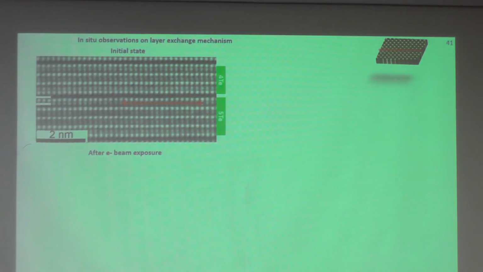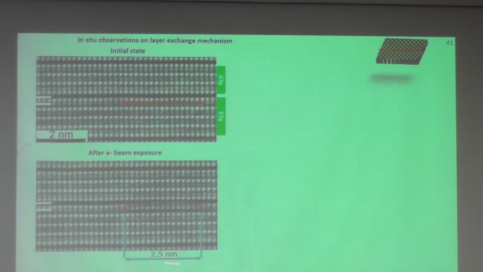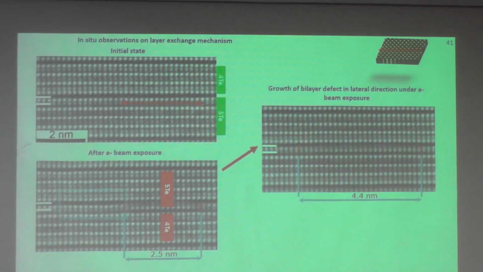Again, we can create such a bilayer stacking fault here with the size of 2.5, and we can allow this stacking fault to move to the left, and this is exactly how the theoretical model considered the change of the local chemical composition in such chalcogenide layered materials, by moving such bilayer stacking faults. Again, it confirms the model to some extent, but in the PCM device it can be a little bit different.